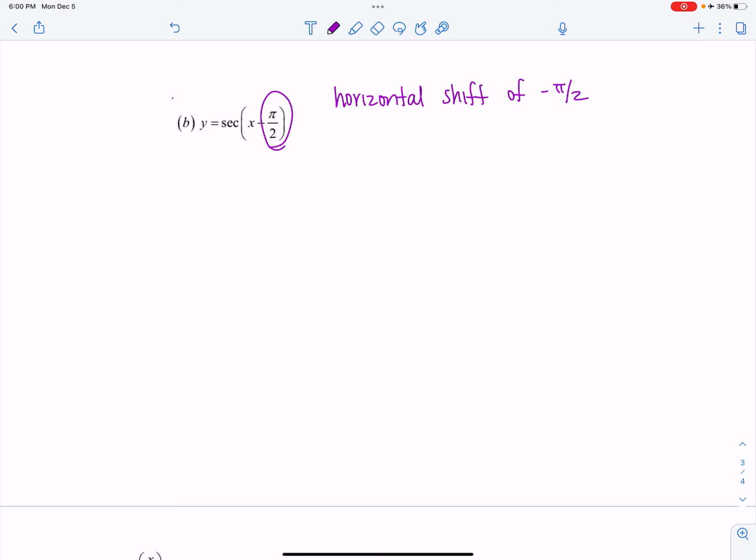Which means every time we plug in an x, we're moving it over negative pi over 2. Now, what do we know about secant that's helpful? It's 1 over cosine. So we're looking at cosine of x minus pi over 2.